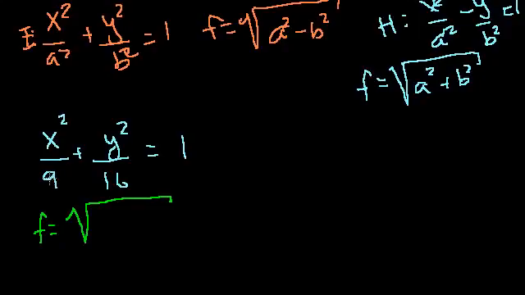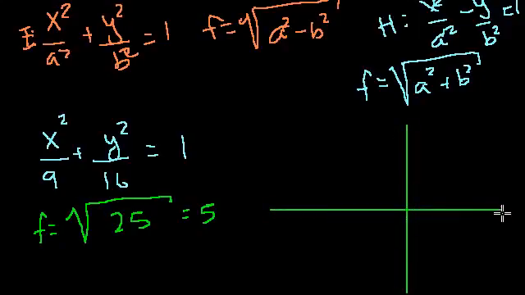This is a squared, right? A is 3. B is 4. So 9 plus 16 is 25, which gives 5. And if we were to graph this, that's my y-axis, that's my x-axis. The focal length is the distance to the left and the right of the origin. If it was an up and down opening hyperbola, it would be above and below the origin.